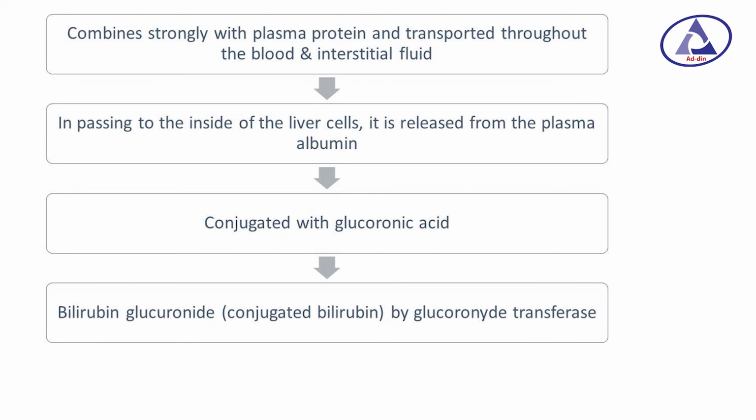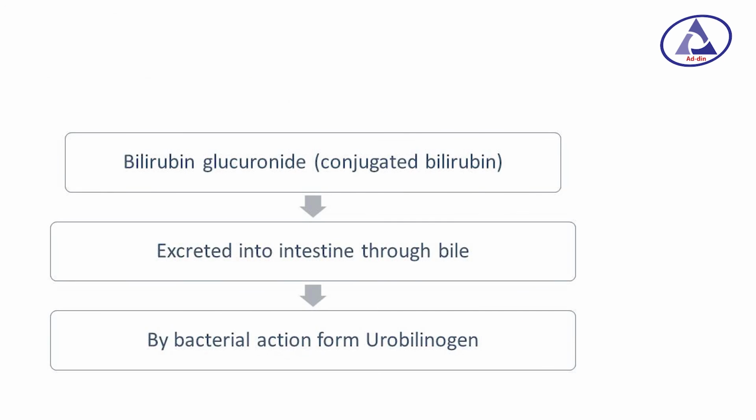Then it passes to the liver. It is released from the plasma albumin and then conjugated with glucuronic acid. Then conjugated bilirubin is formed here. Then conjugated bilirubin is excreted into the intestine through the bile. By bacterial action it forms urobilinogen.